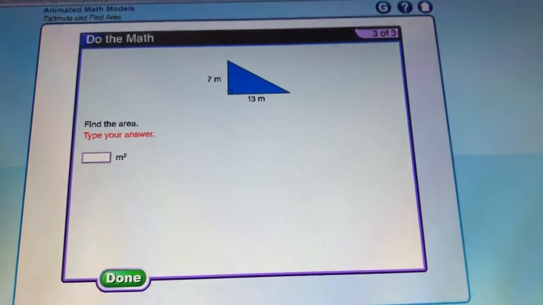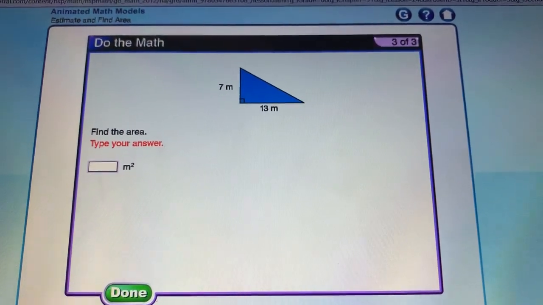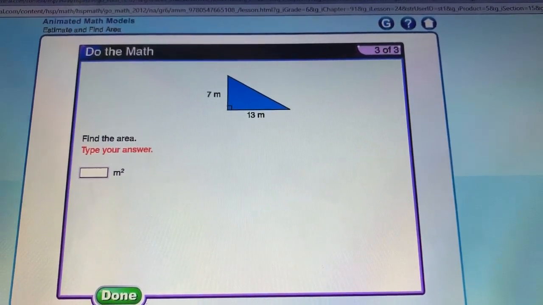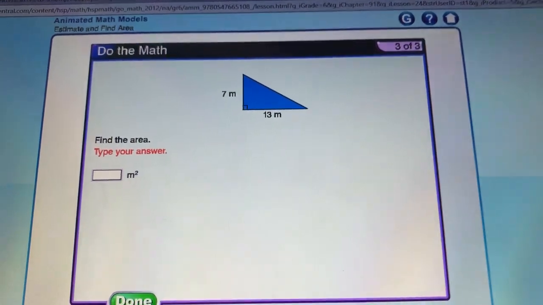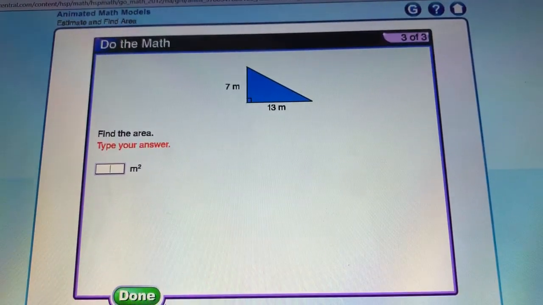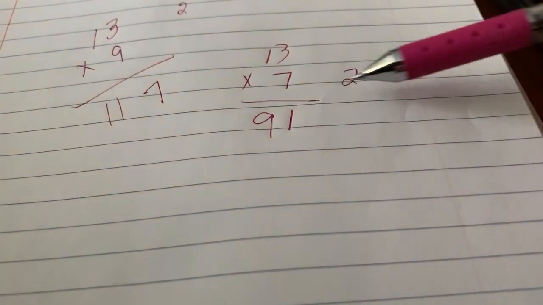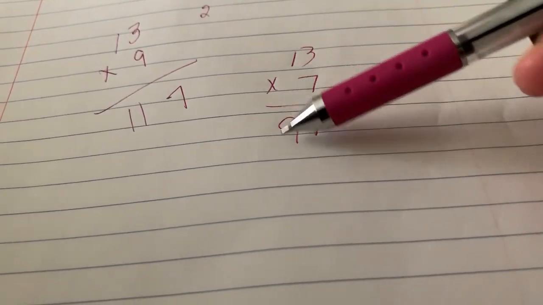One more time, this triangle. It's a triangle with a right angle. It's 7 times 13. And that's going to be 91, but divided by 2. Let's look at it here. 7 times 3 is 21, carry the 2. 7 times 1 is 7, and the 2 I carried is 9.